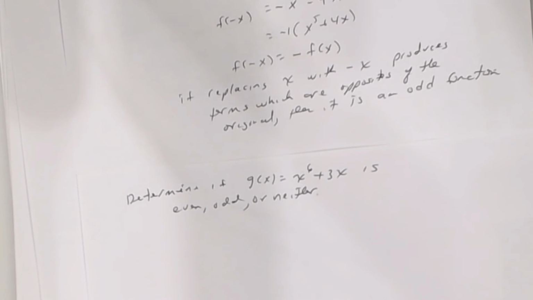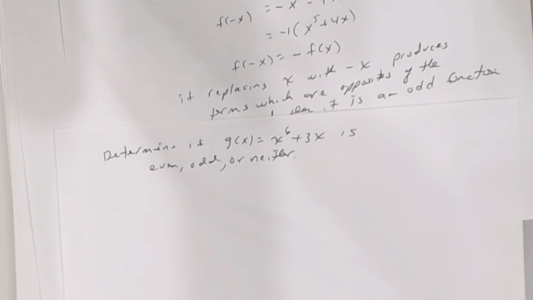Okay, so right away, based on our discussion from yesterday, you can tell me something about this function g of x. It's neither. Because one exponent is even and the other exponent is odd. All right, so if you were to graph it, you would see that it would not be symmetrical about the y-axis or the origin.